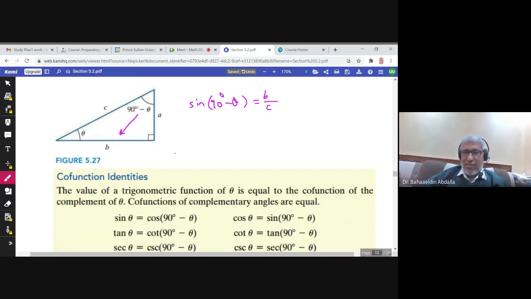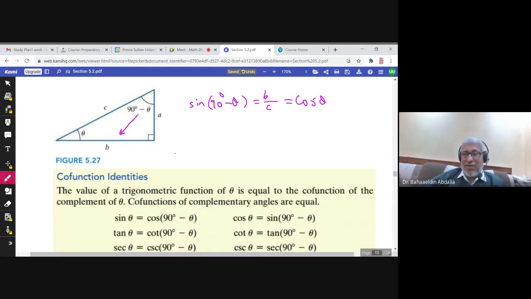What about the angle theta? B over c is what for the angle theta? B over c is cosine theta, because b is the adjacent and c is the hypotenuse. So b over c is cosine theta. Oh, so cosine theta is sine 90 minus theta.